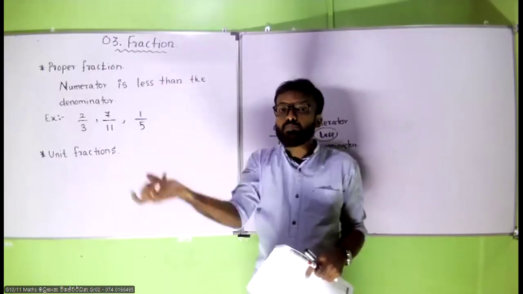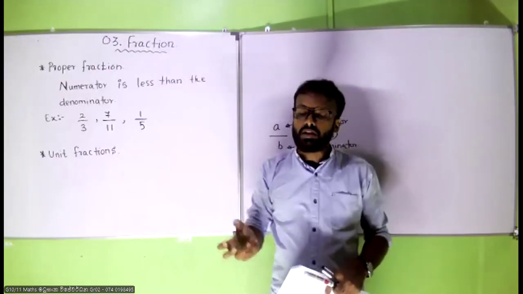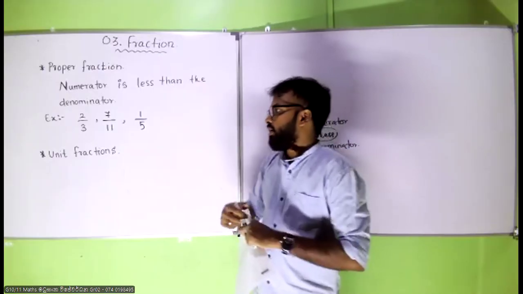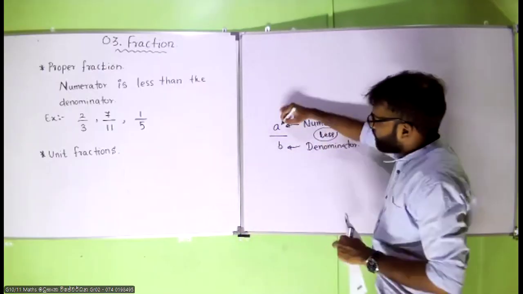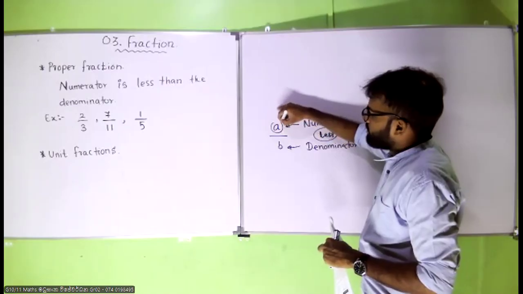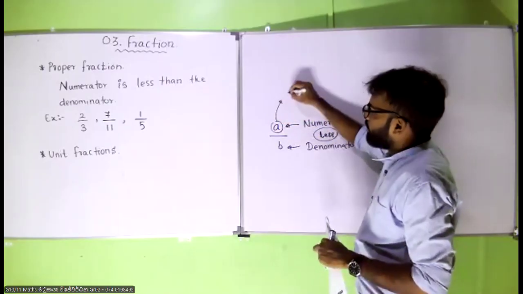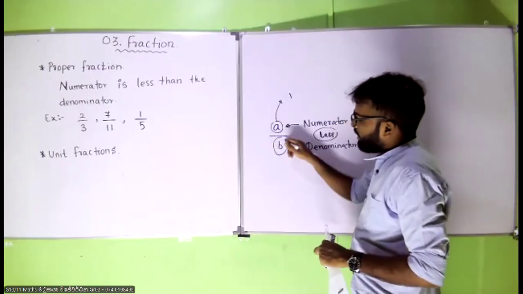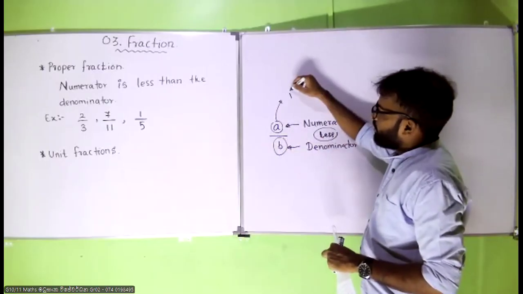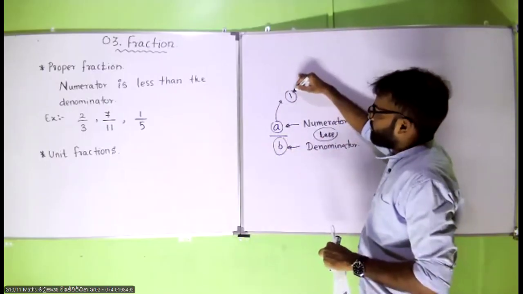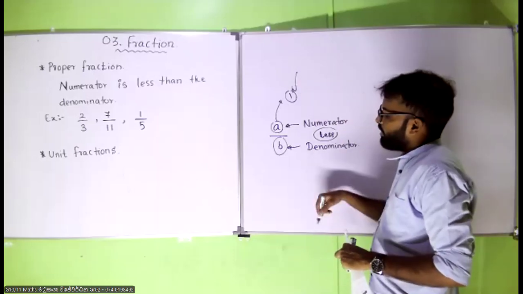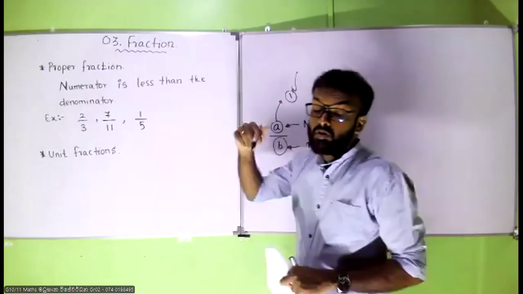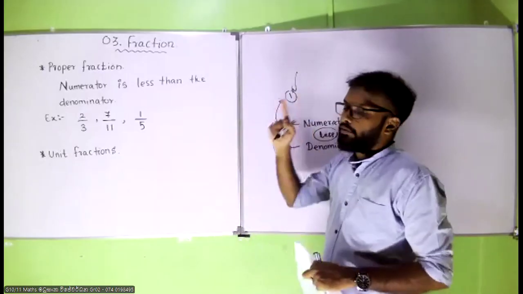Why does it become special? In a unit fraction, always the numerator equals 1. Whatever the denominator, the numerator is always equal to 1. Denominator can be any number. So those are called unit fractions.